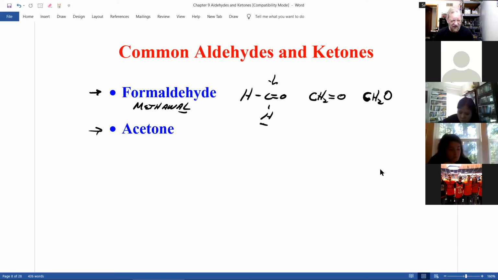Now, acetone is the simplest ketone. And that's where R and R prime are both methyl. Now, the IUPAC name would be 2-propanone. Nobody ever calls it that. They call it acetone.